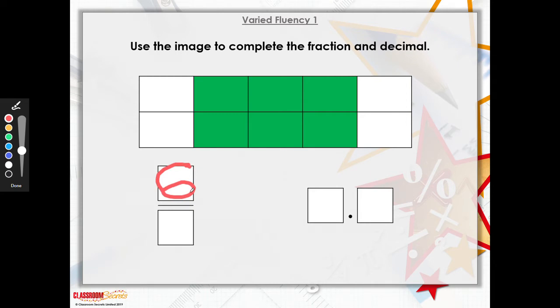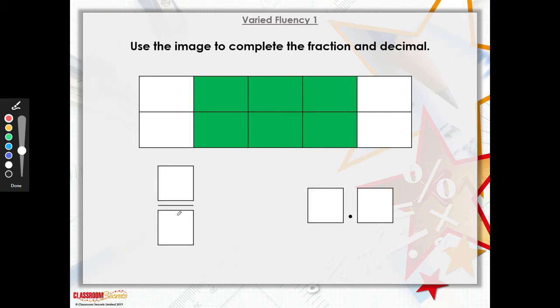And remember, how many has it been chopped into altogether? That's my denominator. How many parts have I got altogether? 1, 2, 3, 4, 5, 6, 7, 8, 9, 10. So in the bottom box here, all you need to do is make sure you put 10 as your denominator. Excellent. So you should have a 6 at the top and a 10 at the bottom. So you have 6 tenths.